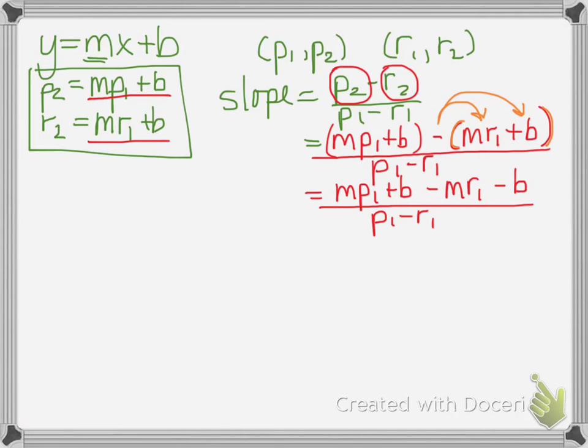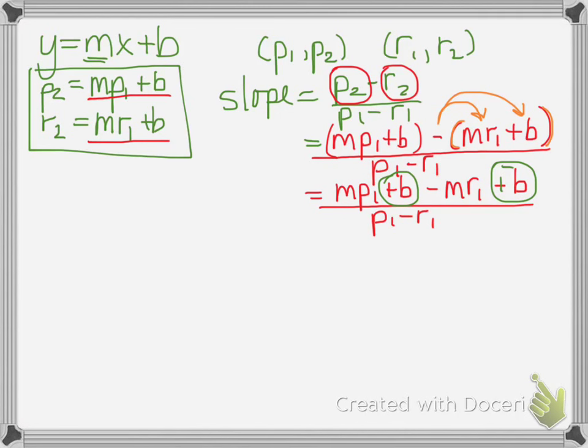Okay, so now I can notice that I have a b term, and I'm going to make this plus a negative b. So the positive b and the negative b become a zero pair, becomes 0 when I add them together.